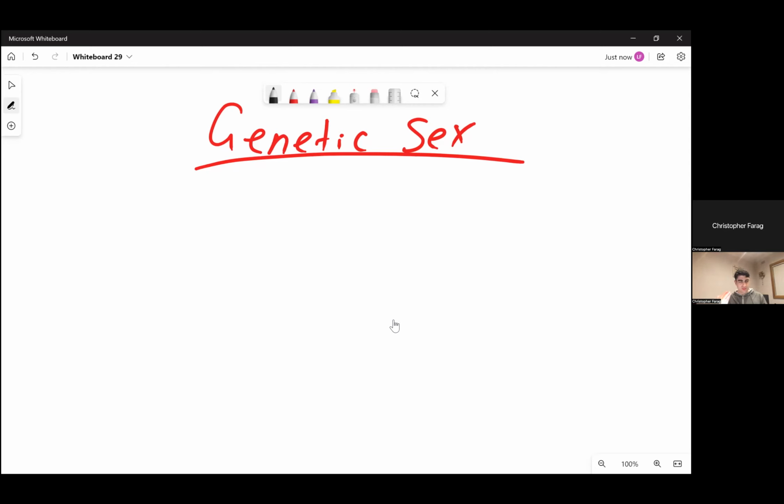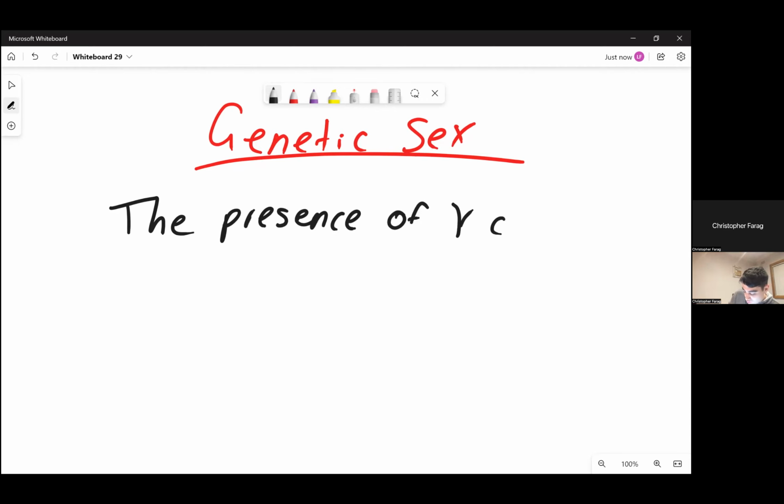Why would X naught be considered female, versus Klinefelter being XXY? Why is that male? So the widely accepted definition is just the presence of the Y chromosome.